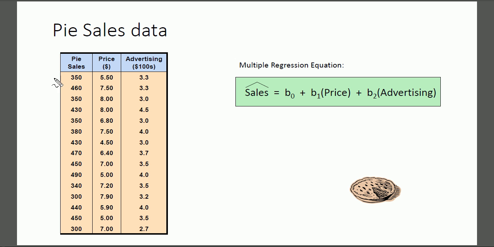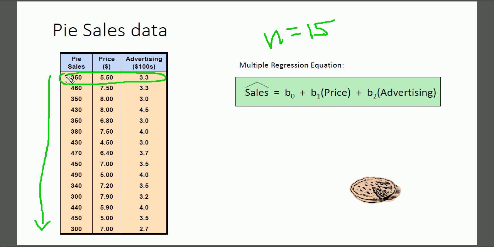Each one of these is a week, and if you count these, we have 15 weeks here. So n is 15. You don't have to think of this data as 15 consecutive weeks, just 15 randomly selected weeks. It's much better to think of it like that. Each row represents data on 1 week.